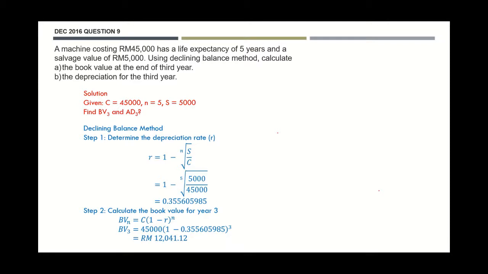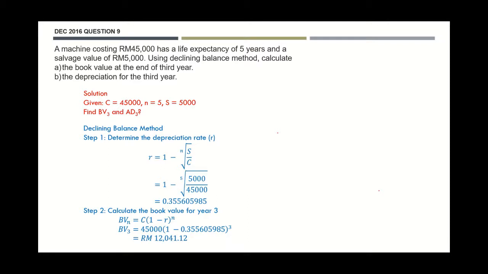In the previous video I showed you how to use the accumulated depreciation to find the annual depreciation. In this solution, I'm going to show you how to apply the book value method.